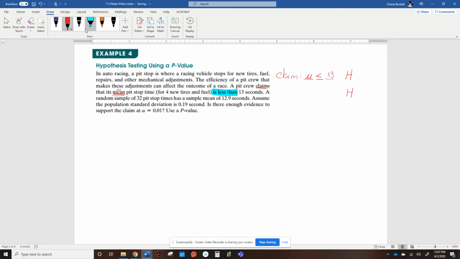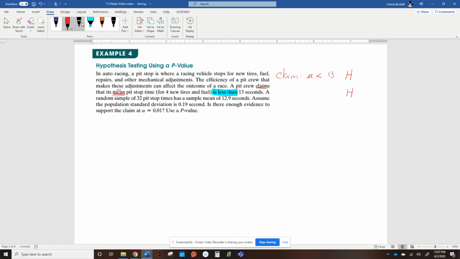Now this is a little bit confusing, so let me erase those blanks that I filled in. Its mean is less than 13, okay?